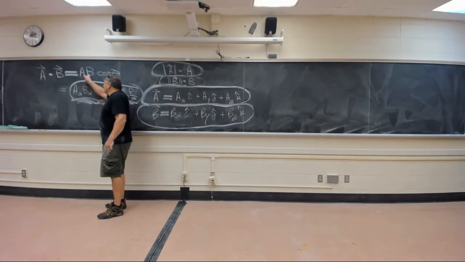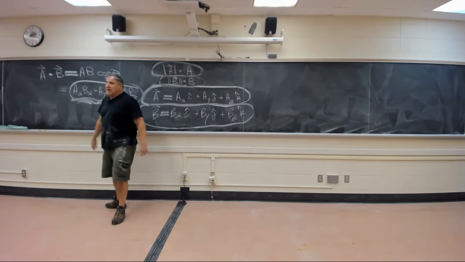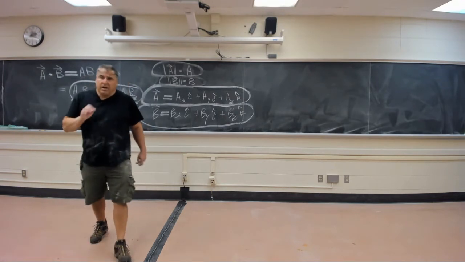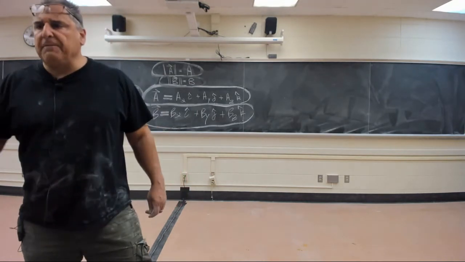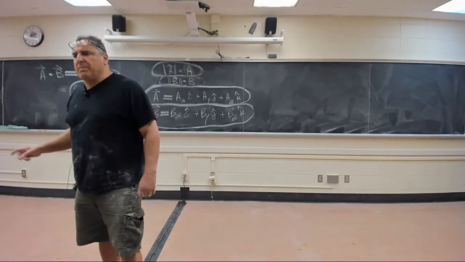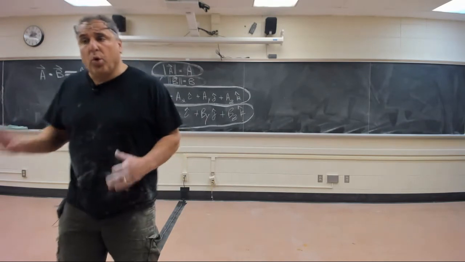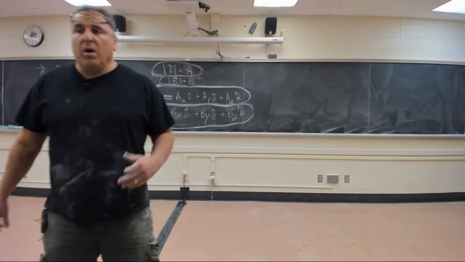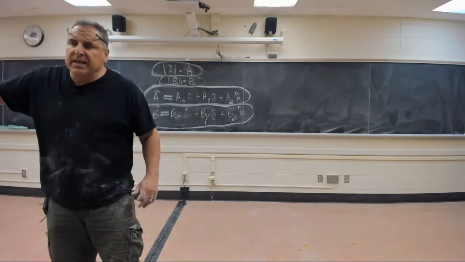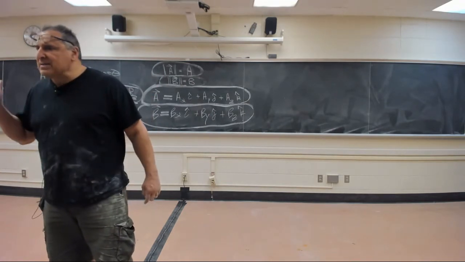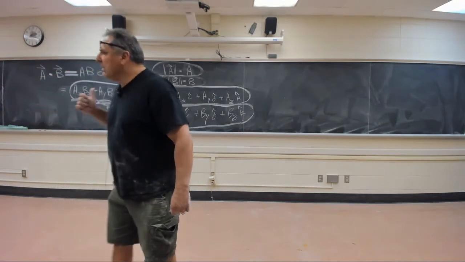A magnitude times a magnitude, a scalar times a scalar is yet another scalar, times the cosine of theta, that's a scalar as well. AB cosine theta is a scalar answer. They use this stuff a lot when you're talking about energy, work. How much work was done? Well, I pushed at this angle and I moved it over a distance. We'll talk more about that, but that's a dot product.